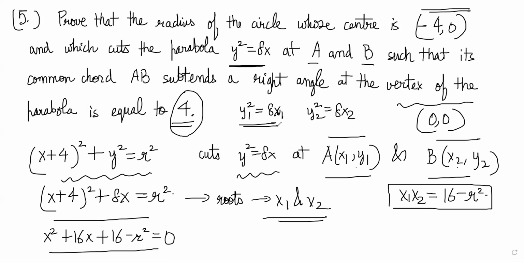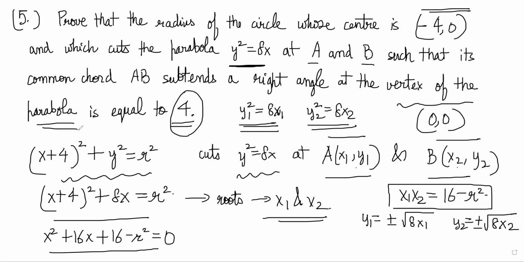So we can also solve for y1 and y2 from here. We will say that y1 would be plus minus root over 8x1 and y2 would be plus minus root over 8x2, right?